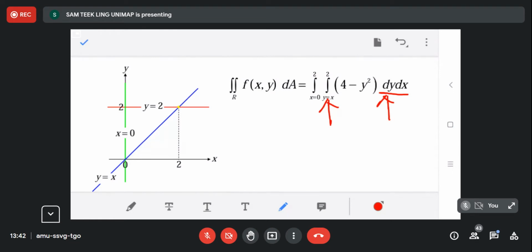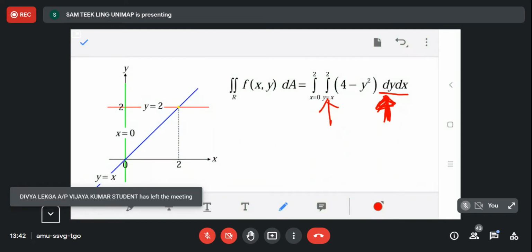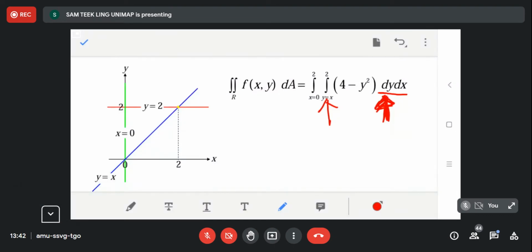So how do you find your y limit? The question gives you dy dx, so first you integrate dy. For ease, after we sketch our picture, for dy you draw one line cutting your picture, your region, parallel to the y-axis.